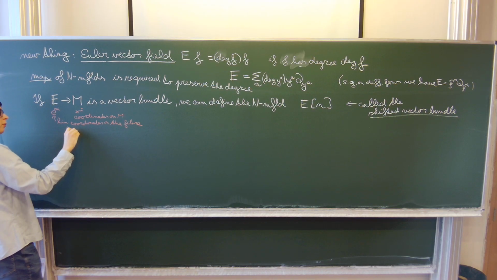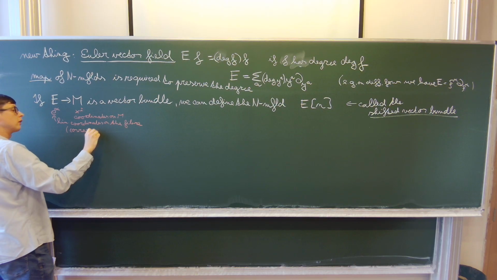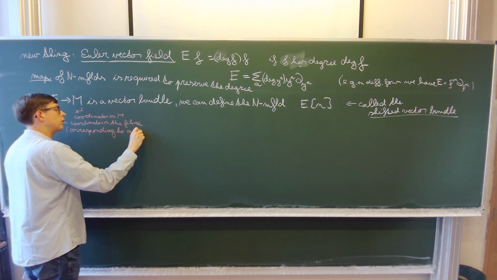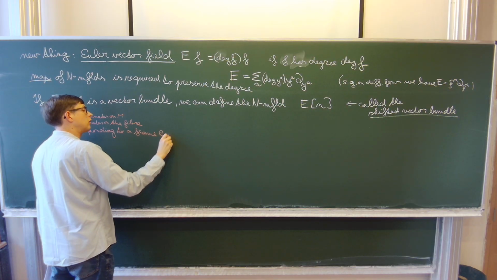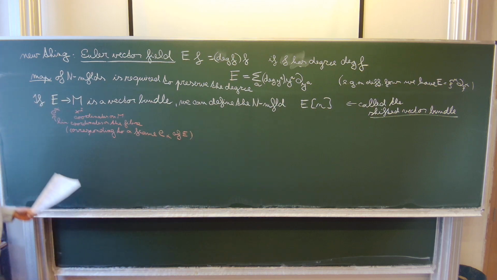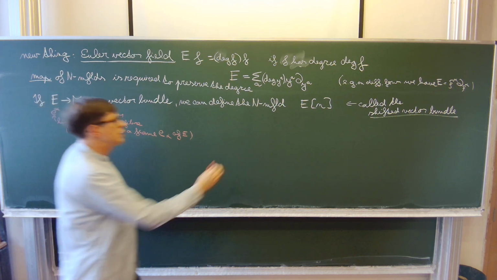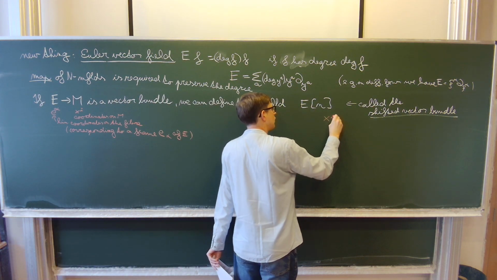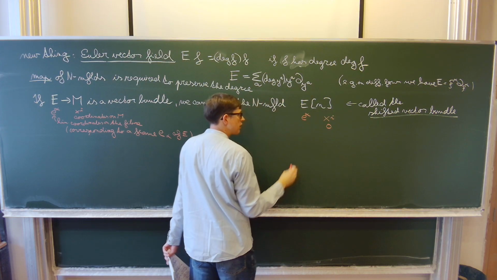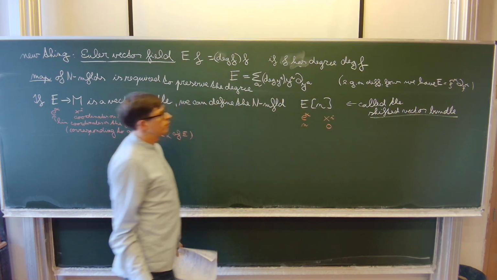In other words, these are corresponding to some frame e_alpha. So now what I do here is that this new space will have the same coordinates. They look the same, except those things will have degree 0 and these things will have degree n.